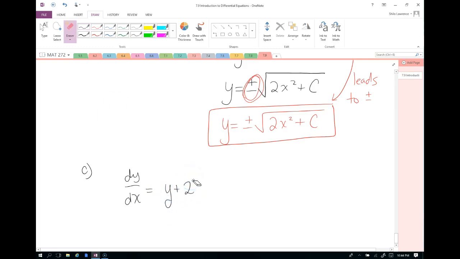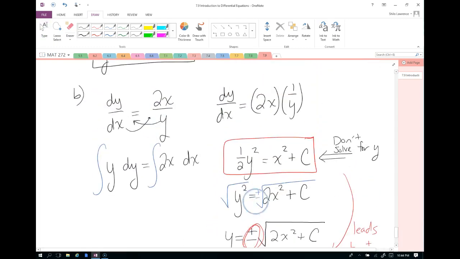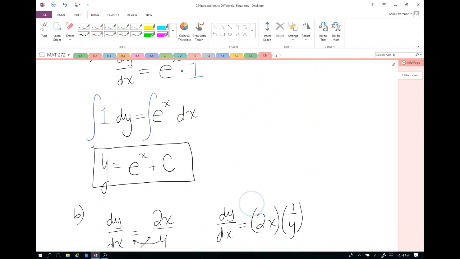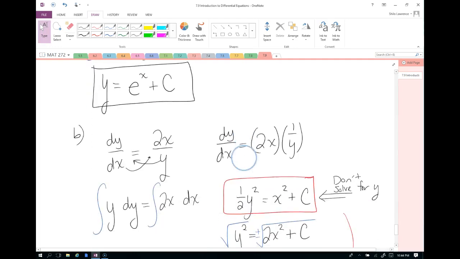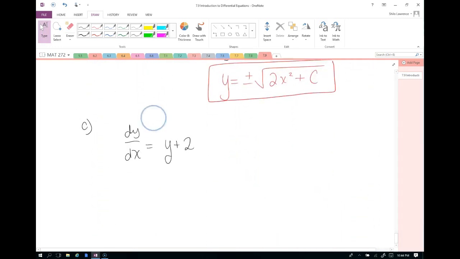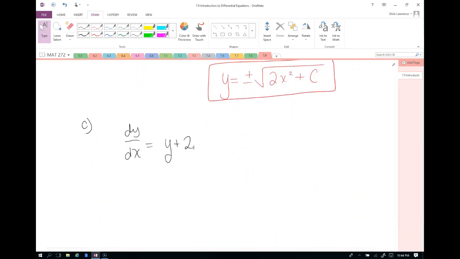So we saw one earlier where there were only x's on the right. Now I've got one here where there's only y's on the right. If you want to look at it as a product, you can say the x function is just 1, so that's perfectly fine. You can say 1 times y plus 2, so that you can actually see both of your functions.